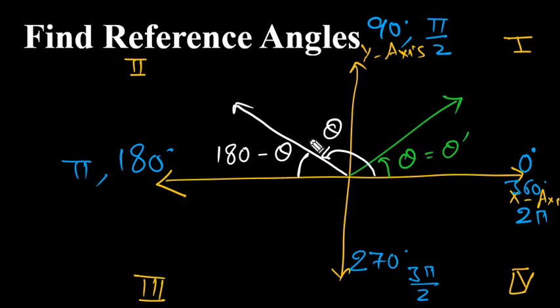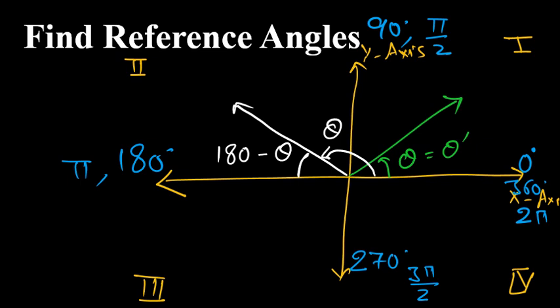So for example, if the total angle is 120, then this will be 180 minus 120, and that will give you 60. I'm not drawing too much here because that will make it complicated. I'm trying to draw all this in one figure, which will make it easy for you.